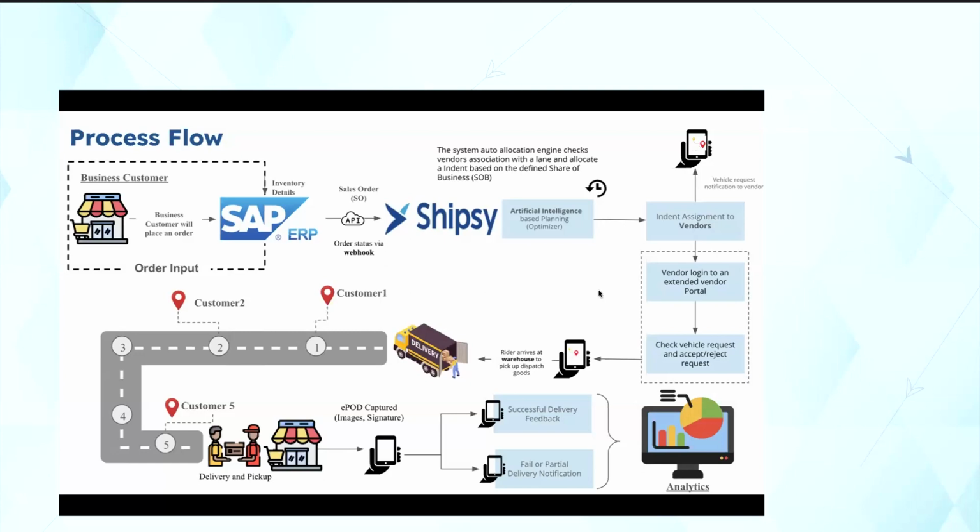Since we are majorly working with SAP, we have shown SAP here, but we also integrate with other order management systems and other ERP platforms as well. So we will fetch the details; this is one of the methods, through API. We also have an offline mechanism as well. If you want us to create and upload an Excel file in the Shipsy system, we can do that as well.